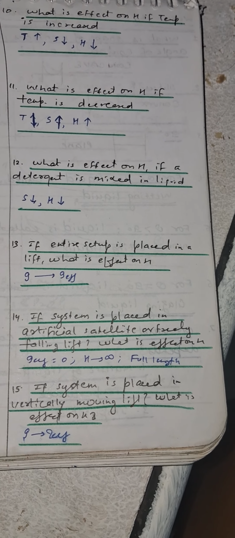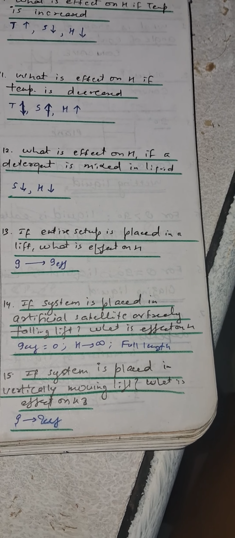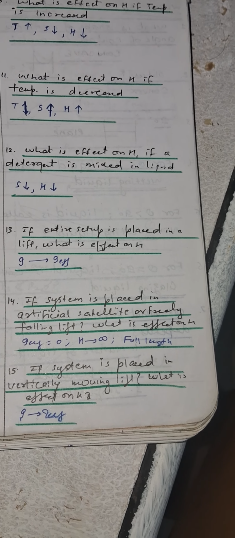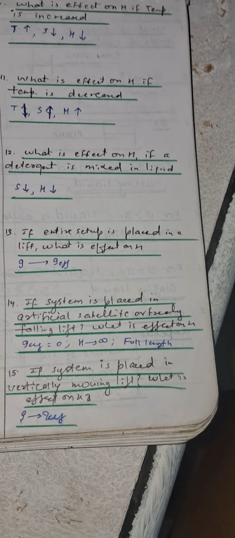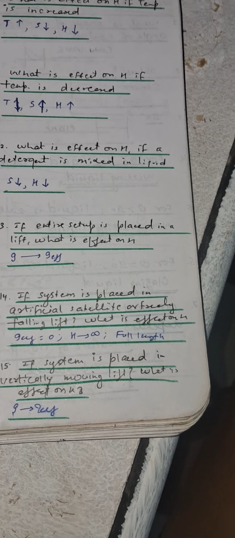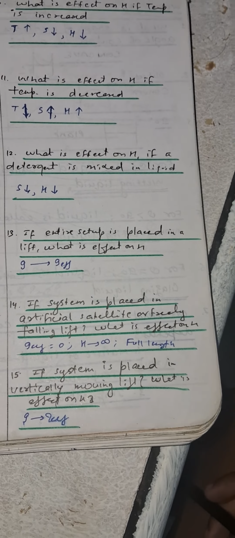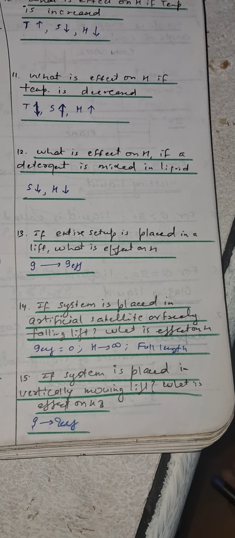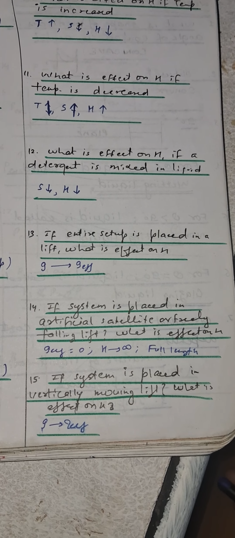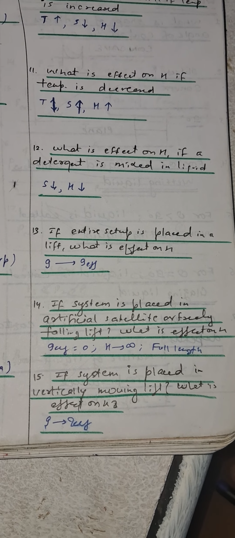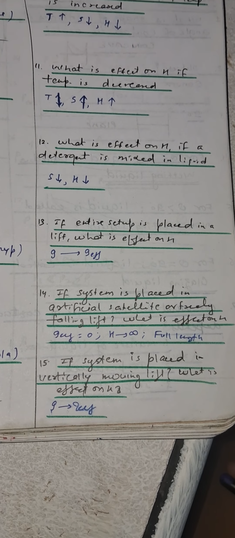So according to the formula, it should tend to infinity. But practically, the liquid will cover the entire length of the tube. But when it moves out of the tube, its meniscus will adjust itself, because after that there will be no force of surface tension, as its surrounding will change.